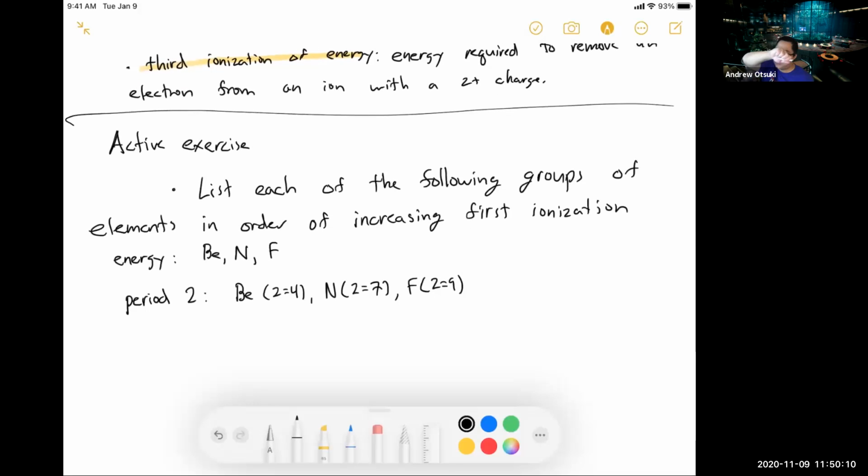As we go across the periodic table, the ionization energy tends to increase. So our order will be beryllium, since it's the furthest to the left, is less than nitrogen, which is less than fluorine. So fluorine has the most ionization energy, and beryllium is the least.